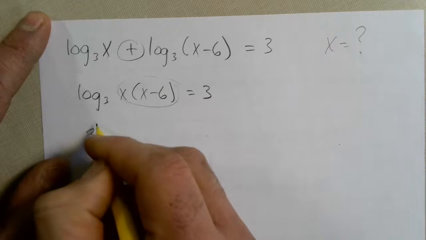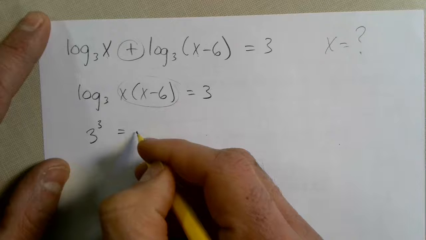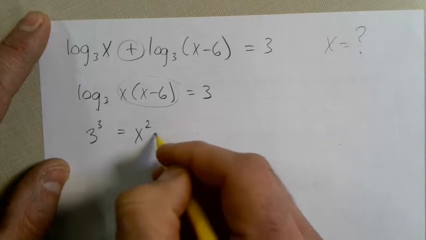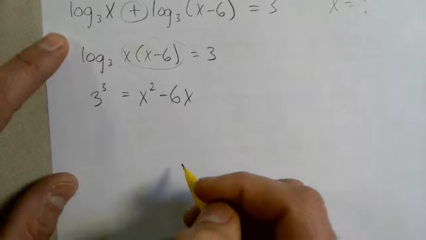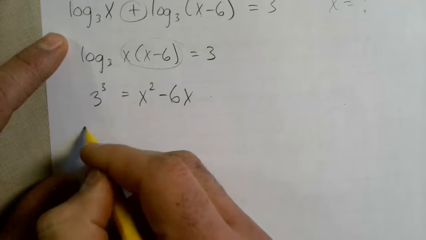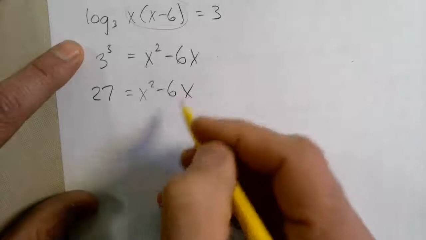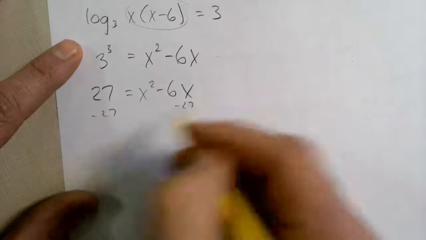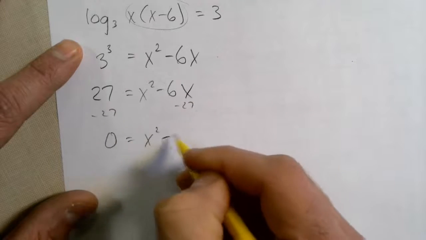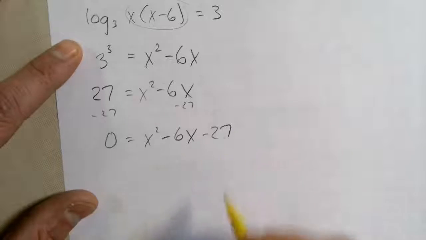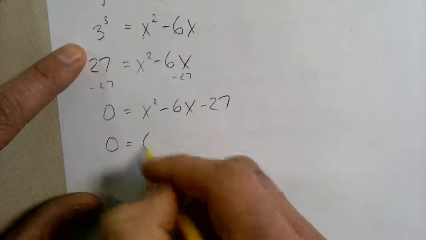So let's do that. 3 to the 3rd power is, and I'm going to go ahead and multiply it through, is that. Okay, 3 times 3 times 3 is 27. And then I'm going to subtract 27, and what's going to happen is we've got a quadratic equation, which I can now factor.